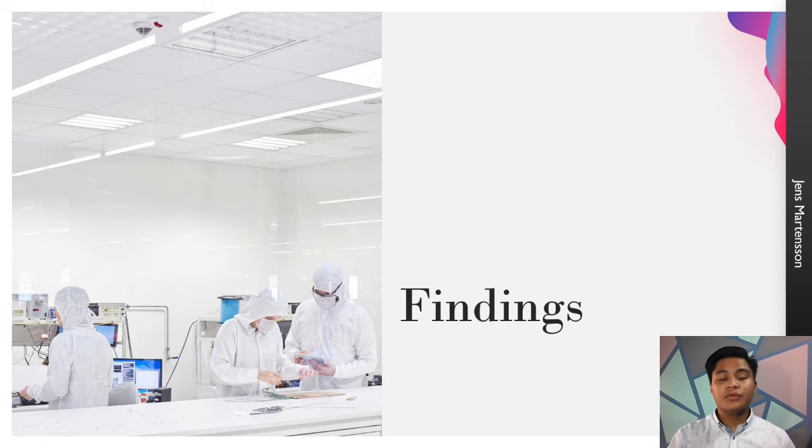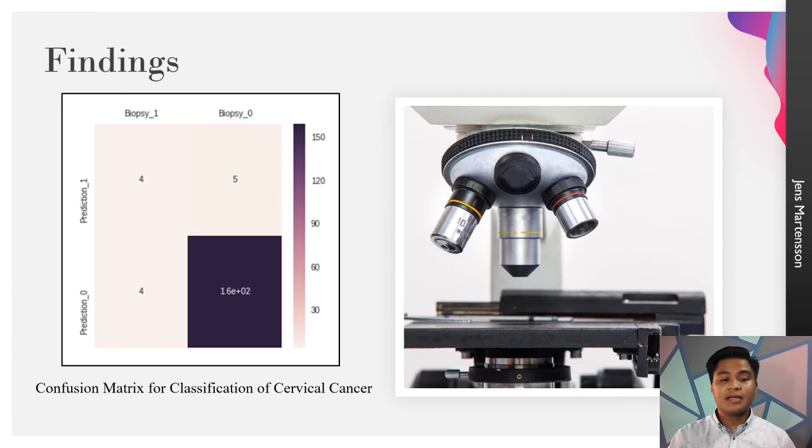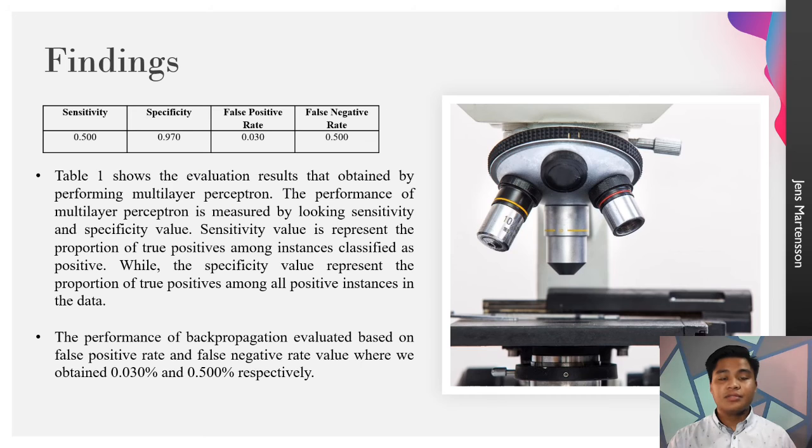Next, we move to the findings of cervical cancer risk classification. For the findings, this is the confusion matrix for classification of cervical cancer. Table 1 shows the evaluation result obtained by performing multilayer perceptron in cervical cancer risk classification.